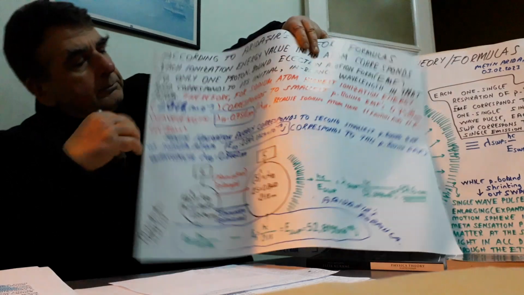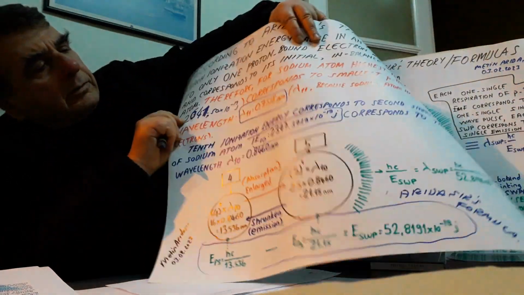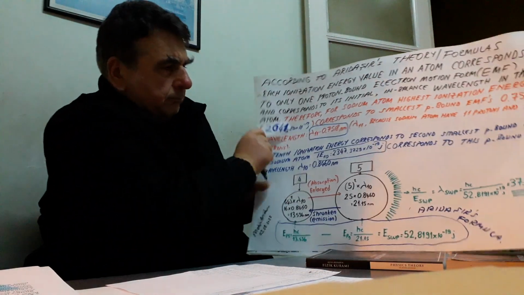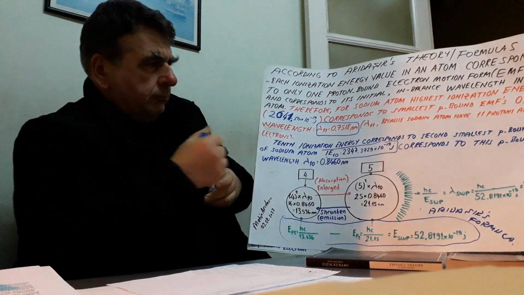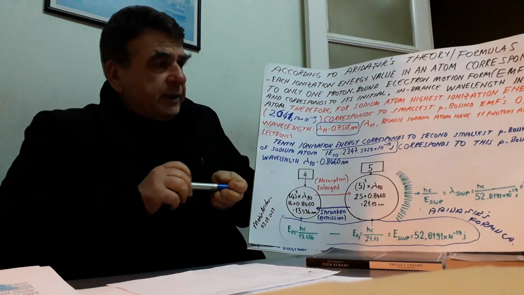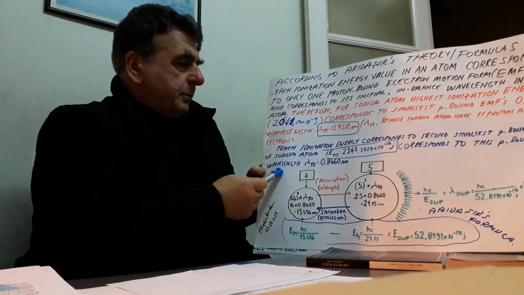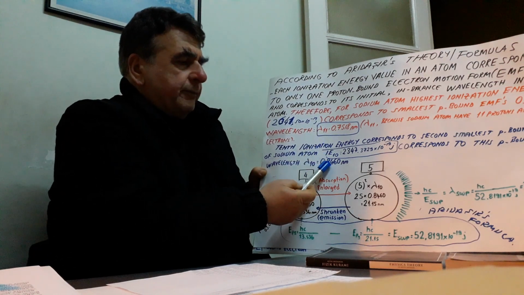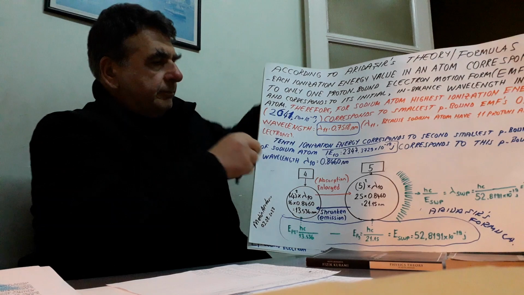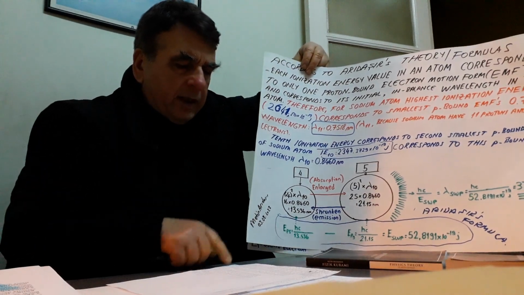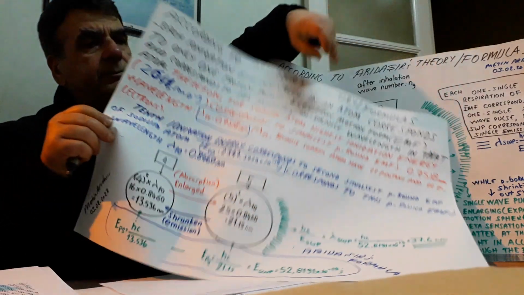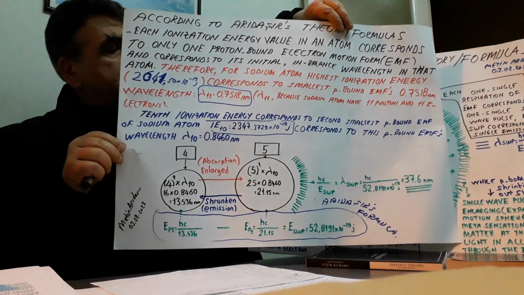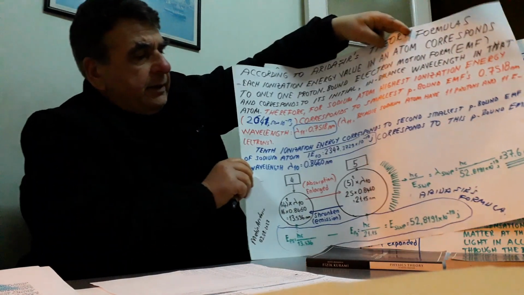Here. Okay. It corresponds to this proton-bound electron motion form's wavelength. Lambda 10 is equal to 0.8460 nanometer. I advise you to notice the figures. Okay.